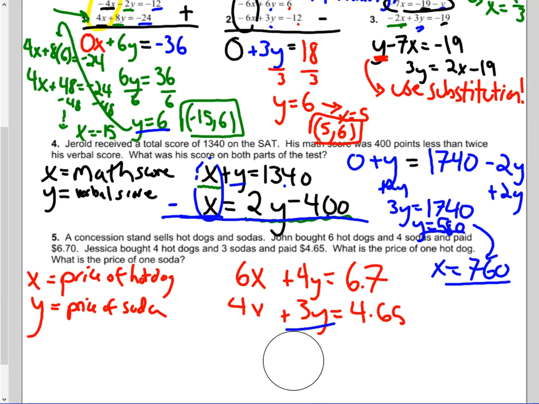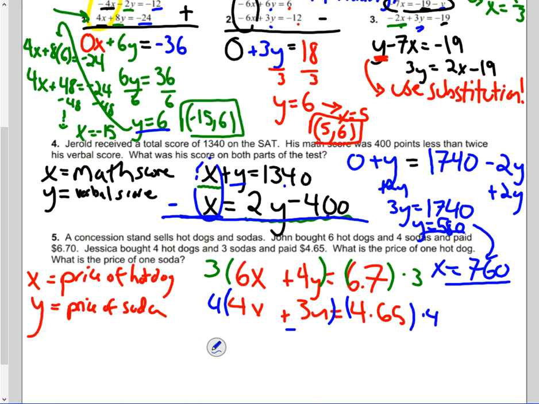So let's multiply. Let's see, we have 3y and 4y. The least common multiple of 3 and 4 is 12. So let's multiply this top equation, everything in that top equation, by 3, and everything in this bottom equation by 4, just so that both equations have 12y in it.